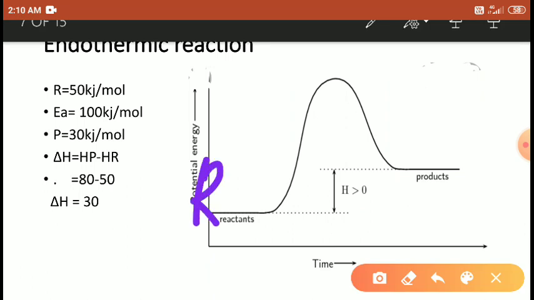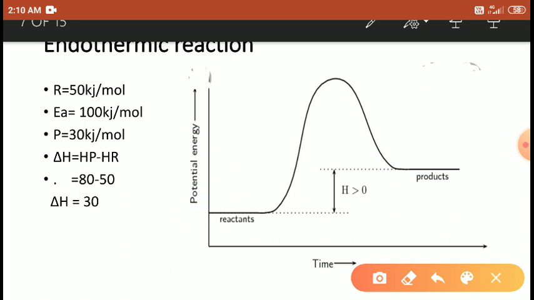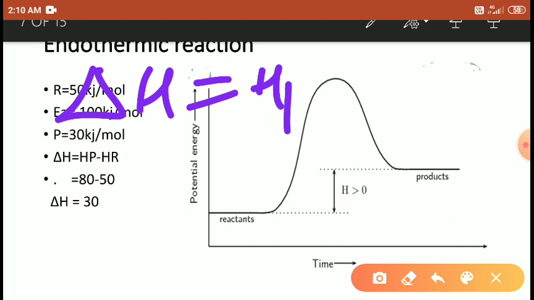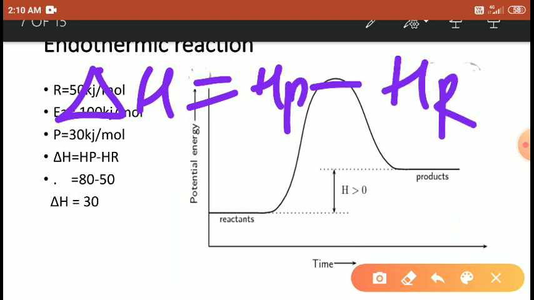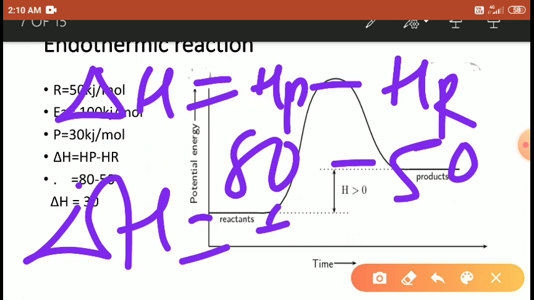Here the reactant has 50 kilojoule per mole of energy and the product has 80 kilojoule per mole. Again, change in enthalpy is enthalpy of product minus enthalpy of reactant. The product has 80 kilojoule, the reactant 50 kilojoule, and delta H is plus 30.